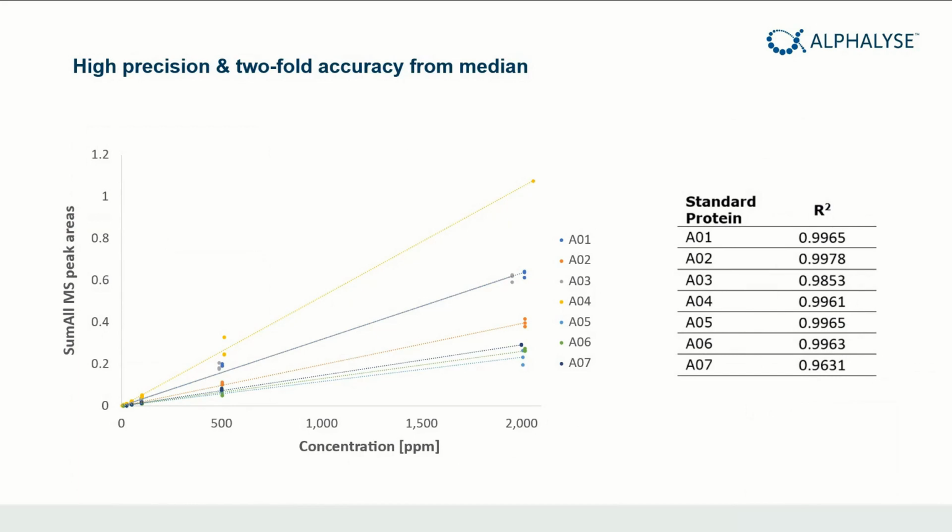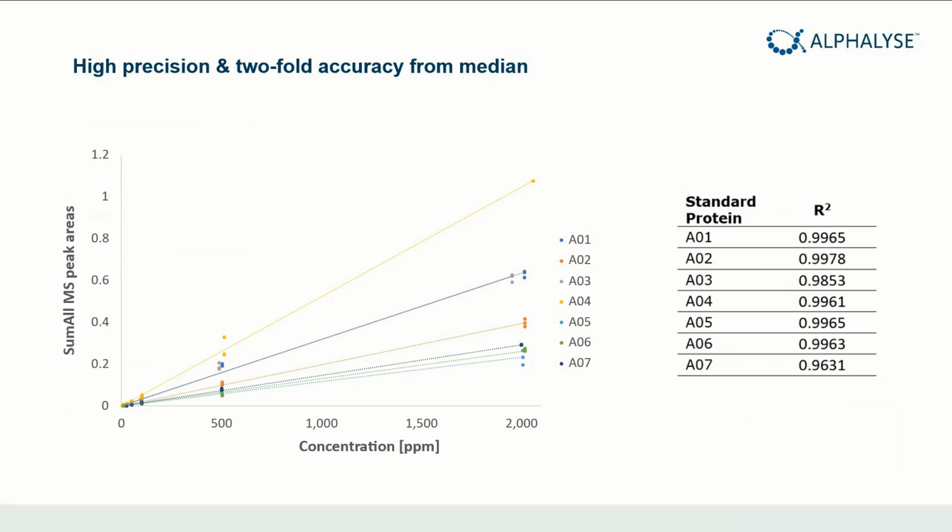So what we see here on this slide is the 7 protein standards that we add into each sample, and we look at a dilution series of these proteins. So you can see on the graph you have the concentration on the x-axis and the sum of all peptides MS signal on the y-axis.